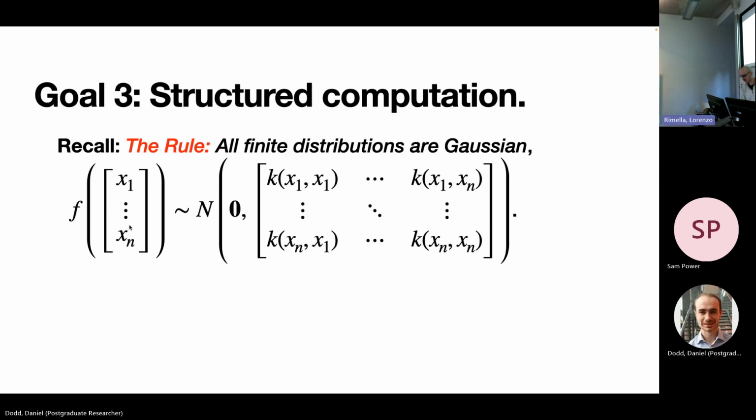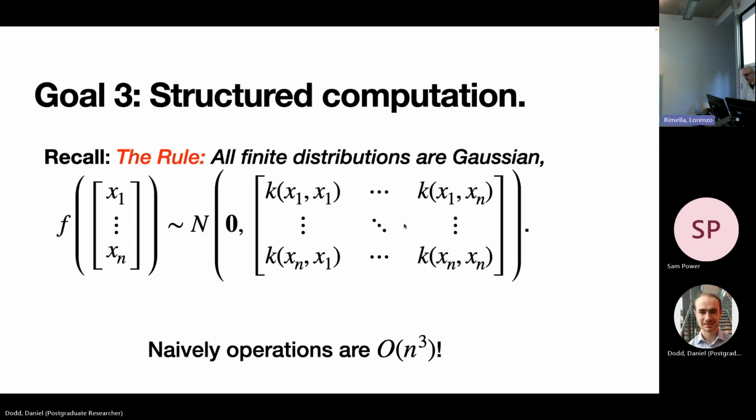Recall the rule that all distributions are Gaussian. If you query a function at a finite collection of points, you get a multivariate Gaussian with an n by n covariance. Naively, if you want to evaluate densities of multivariate Gaussians for GPs, you end up with a cubic cost if you assume a dense array.